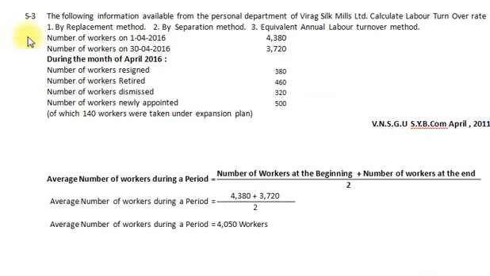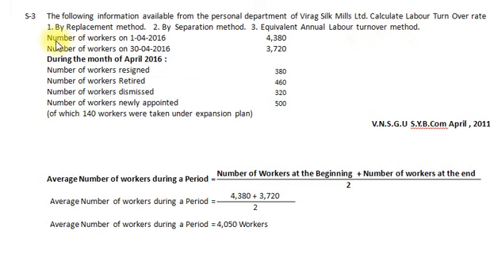Now we will see sum number 3. The following information is available from the Personnel Department of Virag Silk Mills Limited. Calculate labor turnover rate, number 1 by replacement method, number 2 by separation method, and number 3 equivalent annual labor turnover rate.